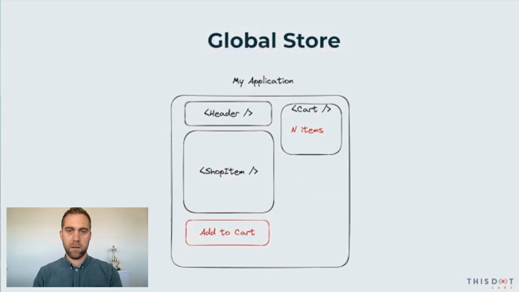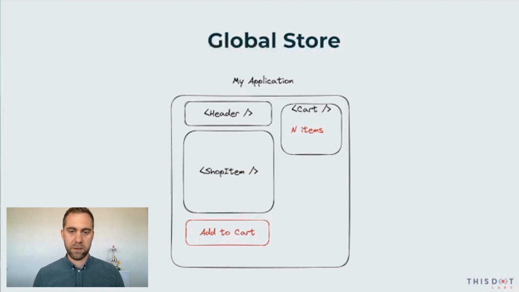So if we look at our global store, let's have a look at this example first. We have a store, and we have a header, we have the shop item you're going to buy, and we have these two components. One is the cart, which is showing what you're about to buy, and the other one is our Add to Cart button. So when we click this Add to Cart button, we'll need to add something to the cart. We'll need to update what's happening over there.